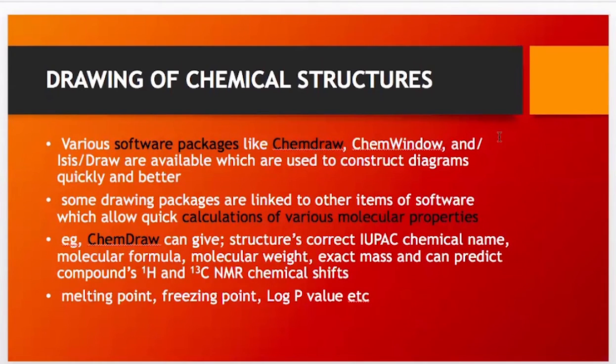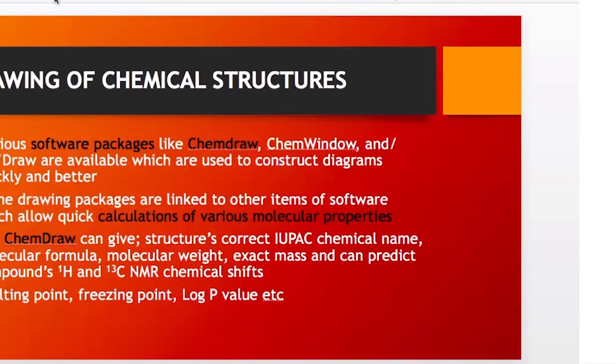So one of the software that is used mostly is the software that is used for the drawing of these chemical structures. I think I must have talked about it in one of the previous lectures that we've been having about the use of ChemDraw.